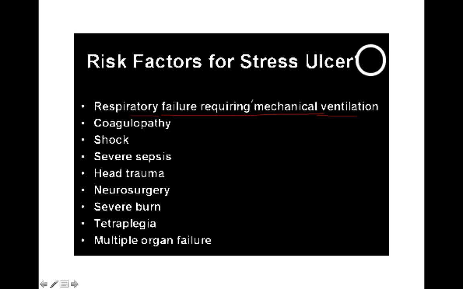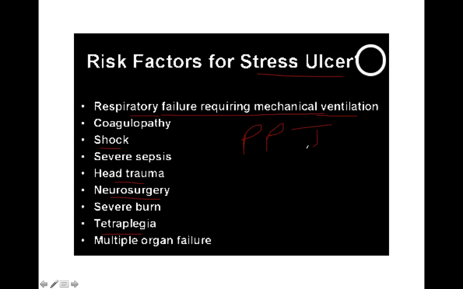All of these patients require prophylaxis against stress ulcers. The patient has severe burns, or had trauma, or is undergoing neurosurgery, or has paraplegia, cannot move, or is in shock. In all these cases, we require prophylaxis against stress ulcers by giving the patient PPI.